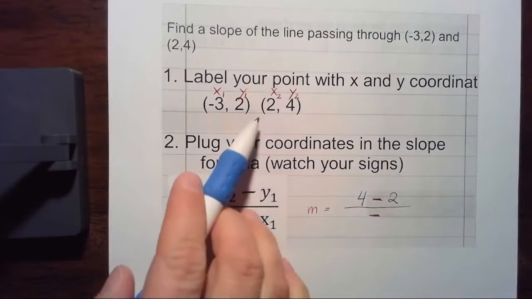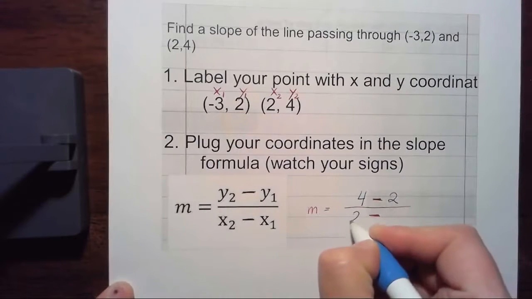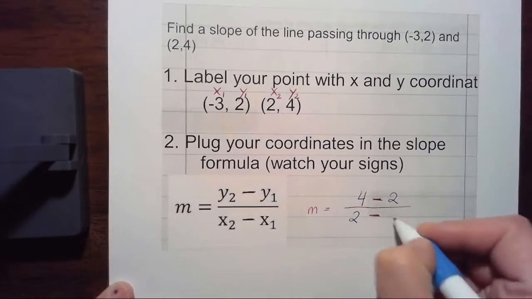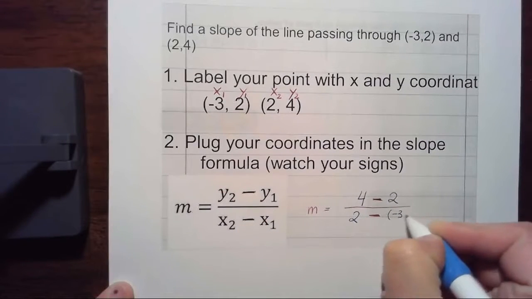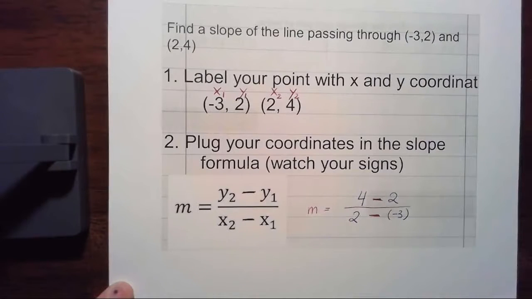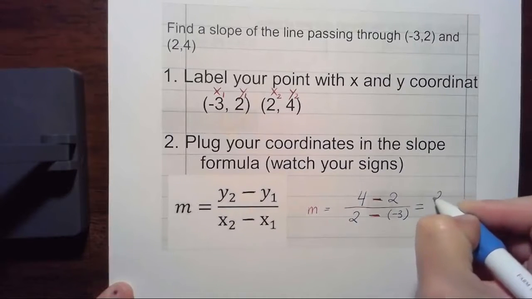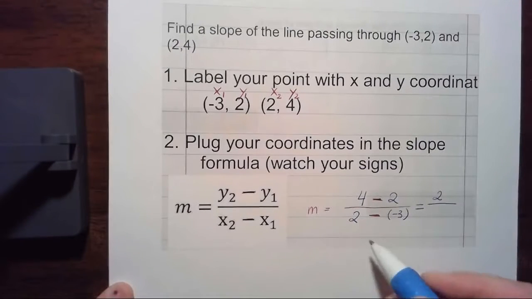What is my x2? My x2 is 2. And what is my x1? x1 is -3. I'm just going to put all my negative numbers in parentheses. Now I have to be extra careful with my signs here. So I'm going to do my numerator, then the denominator. So 4 minus 2, that's 2.